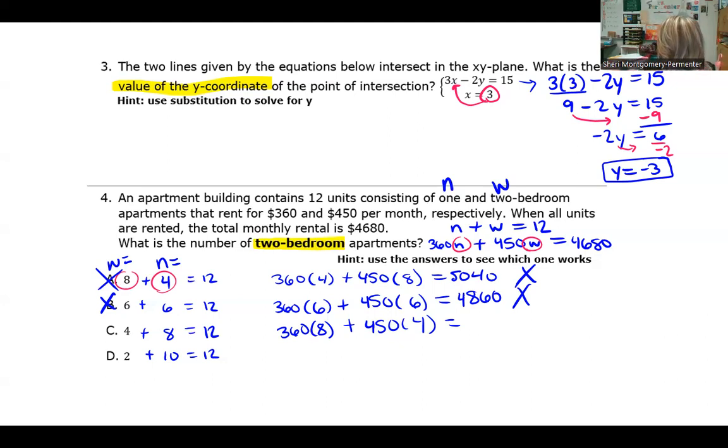What'd you get, Logan? For 4,680. Did anybody else get that? 4,680. So does the third one work? Yeah, so you can circle C and move on with your life. You don't have to check all of them if you find the one that works. That one works.